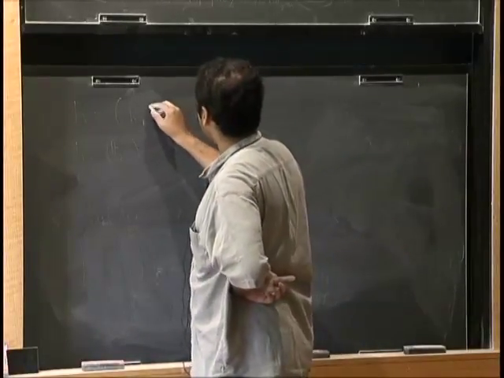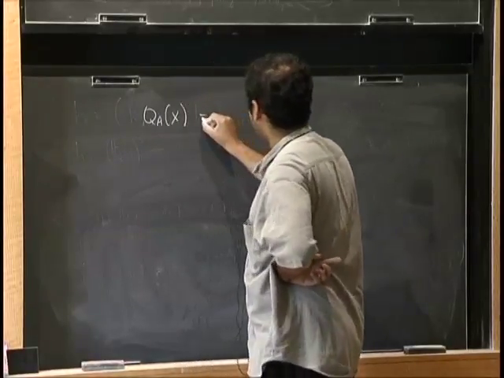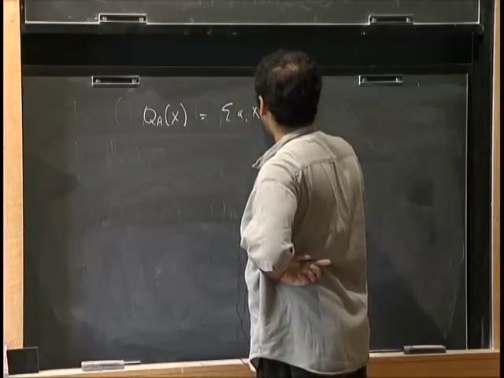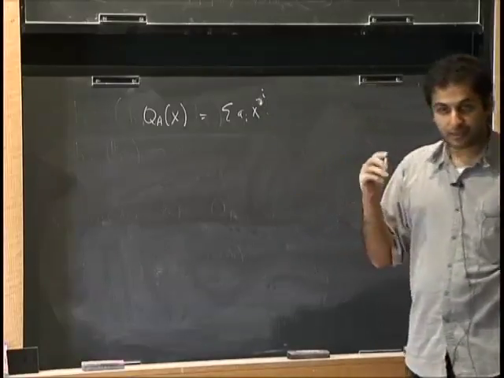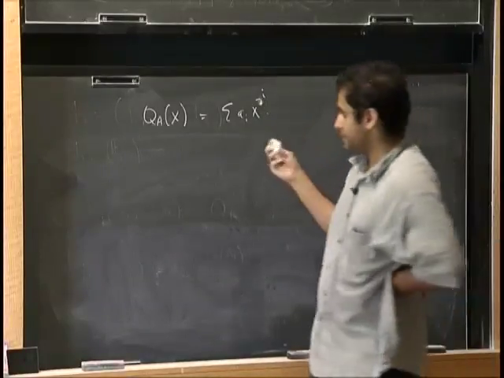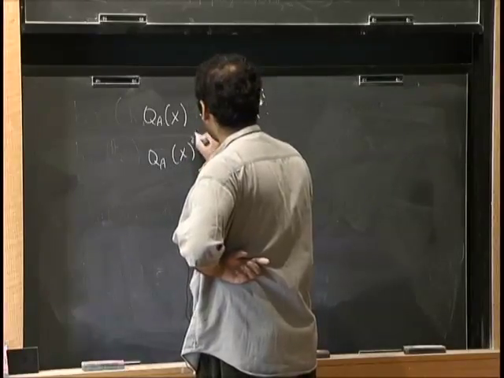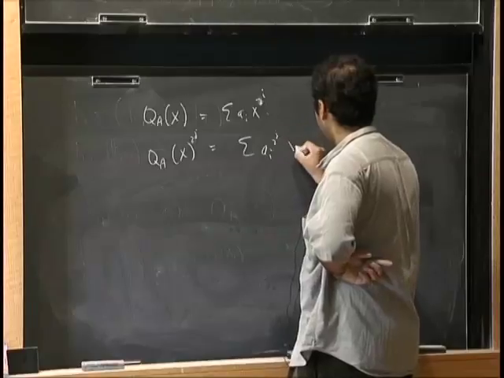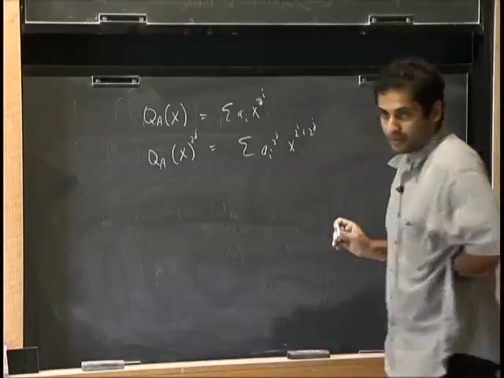So Q_A(x) is the summation of a_i x^(2^i). Now I want to look at Q_A(x) to the power 2^j for some j. Well, this is simply the summation of a_i^(2^j) x^(2^i times 2^j), so that is 2^(i+j).